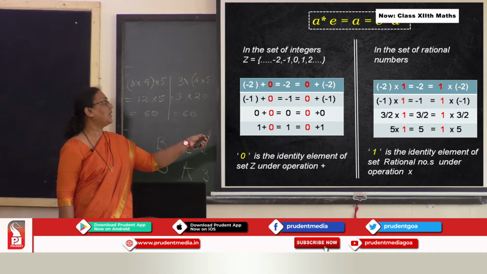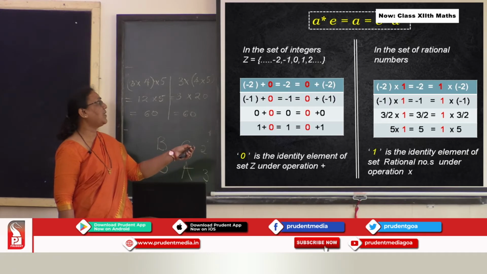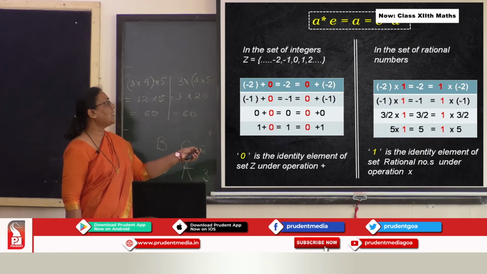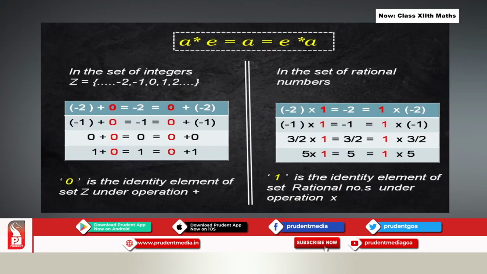You can take all the numbers on this side also, and you add 0 to that, you are getting back the same answer. -2 plus 0 is -2, -1 plus 0 is -1, then 0 plus 0 is 0. 1 plus 0 is 1. If you reverse this, 0 plus -2 and so on, you are getting the same answer. If you are getting the same answer, this number 0 is called the identity element. 0 is called the identity element of Z under the operation plus.